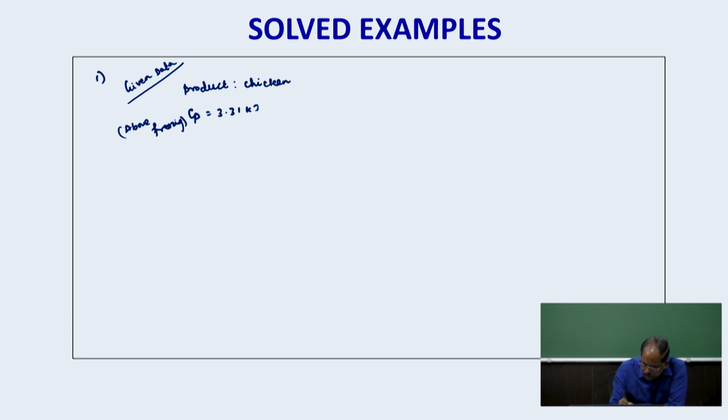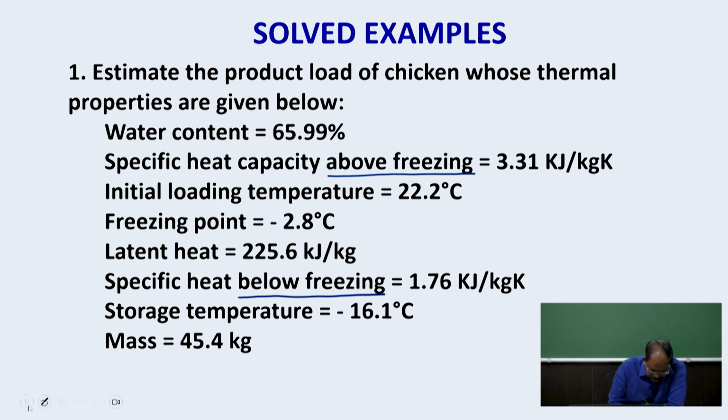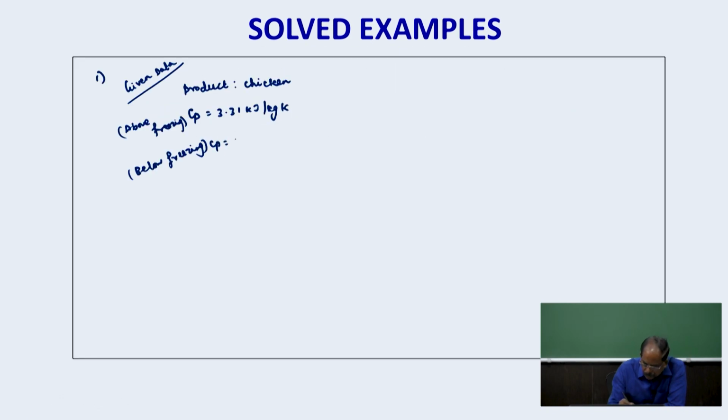Below freezing, the Cp value is equal to 1.76 kilojoule per kg Kelvin.